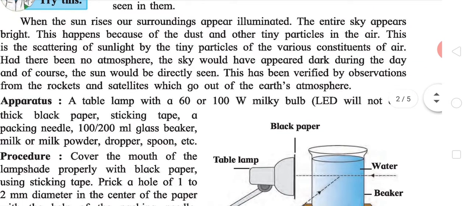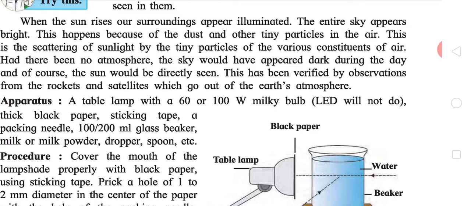When the sun rises, our surroundings appear illuminated. The entire sky appears bright. This happens because of the dust and other tiny particles in the air. This is the scattering of sunlight by tiny particles of the various constituents of air.